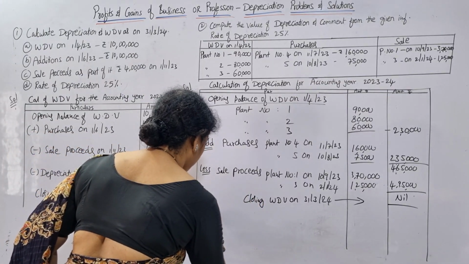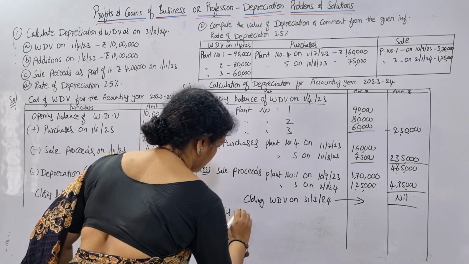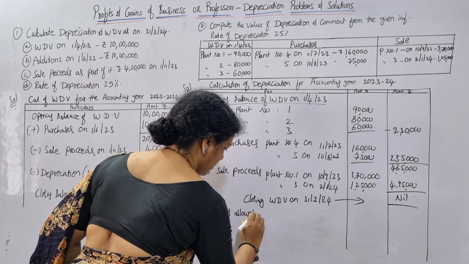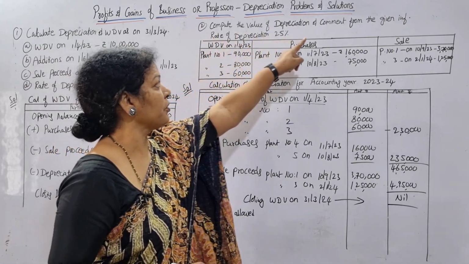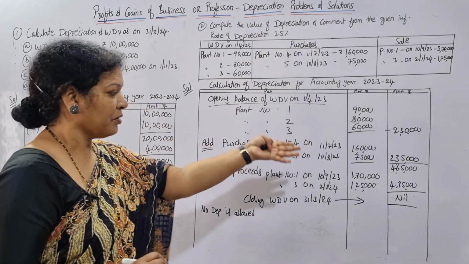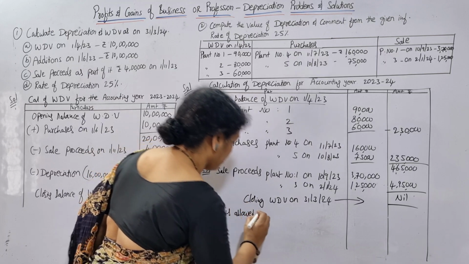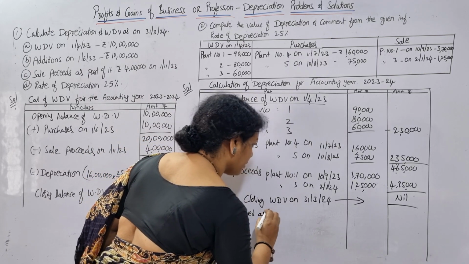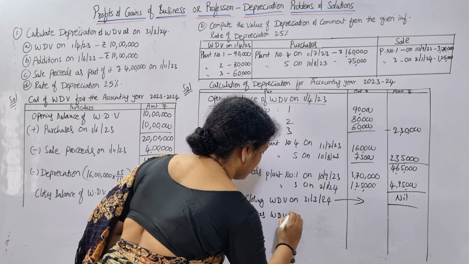No depreciation is allowed. They're asking us to calculate depreciation and comment. If you want to calculate, there is no depreciation. So we are just giving a comment that no depreciation is allowed as WDV is nil.